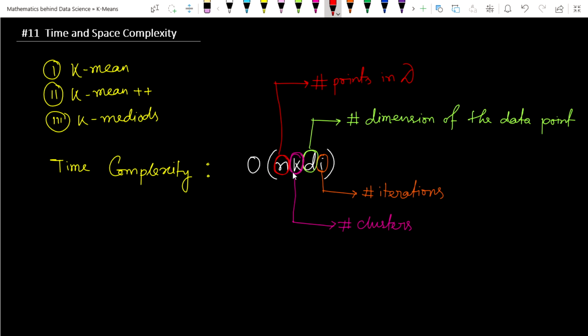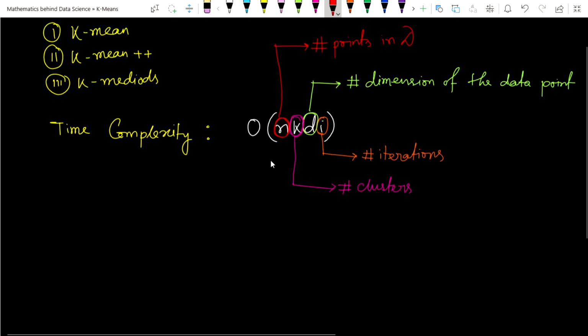For each iteration, we have to calculate the distances. Just see the loss function. Mathematically, if you compute the loss function, what is the loss function?